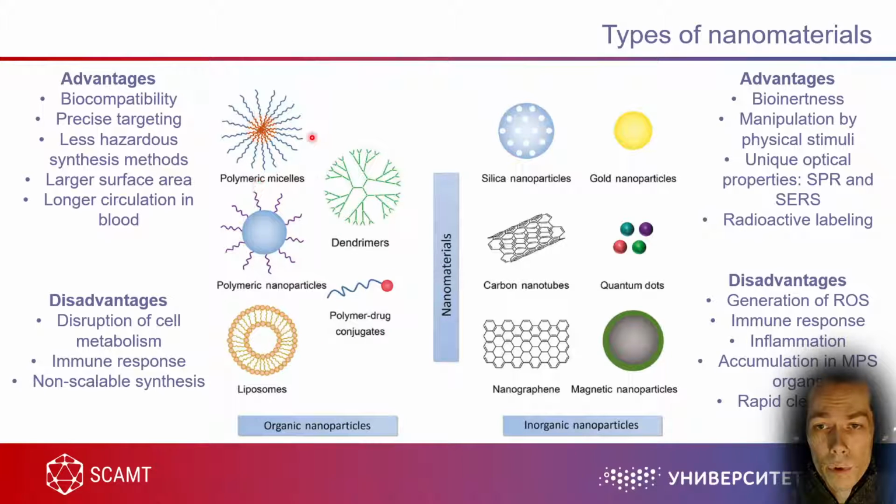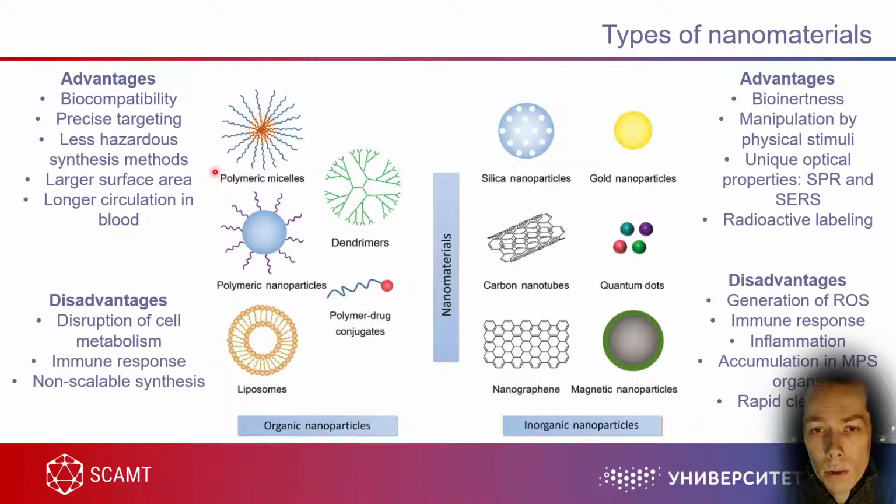And if you look at all of these examples, you will definitely see that all of these particles have a very big surface area, especially dendrimers. So if they have a big surface area, it's a big area for different functionalizations. So you can add different molecules to the surface of these particles, and surface area is very important when we're talking about different drug delivery techniques.